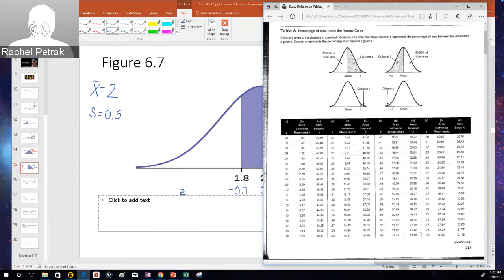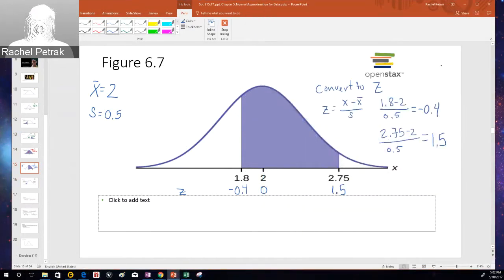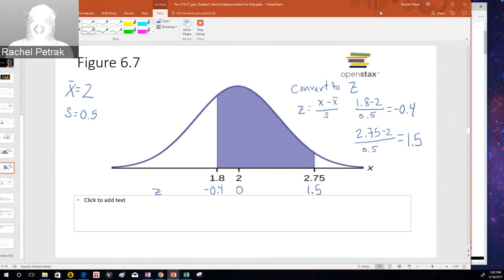And column C tells us the area that's outside of a z-score, the area beyond a z-score, whether that's above or below. So we can use this to find these proportions and locations on our figure here.